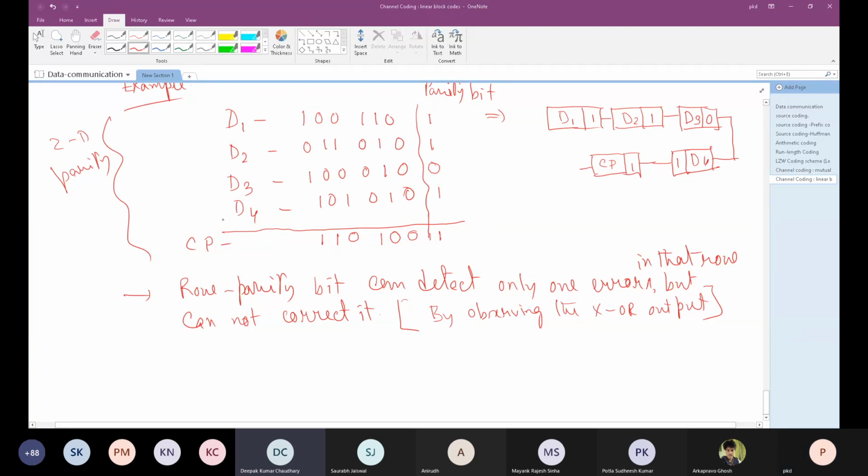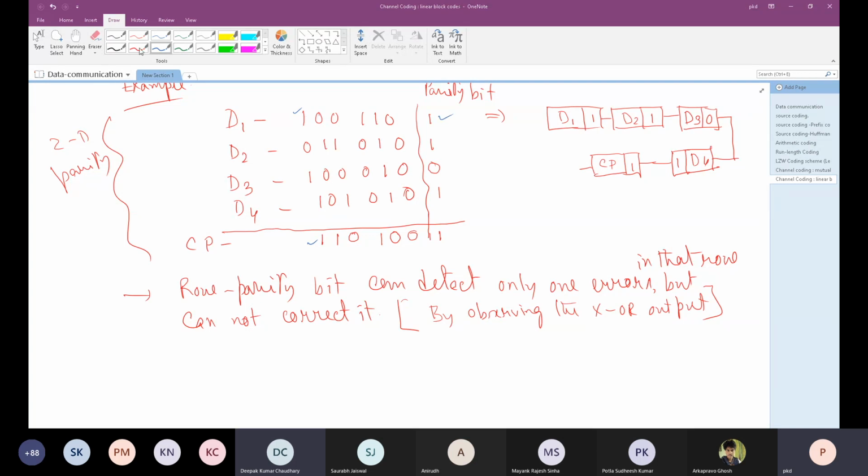Now, using 2 dimensions, what will happen is, suppose here an error has occurred, then this bit will be affected and this one will be affected. So we will be able to locate it.